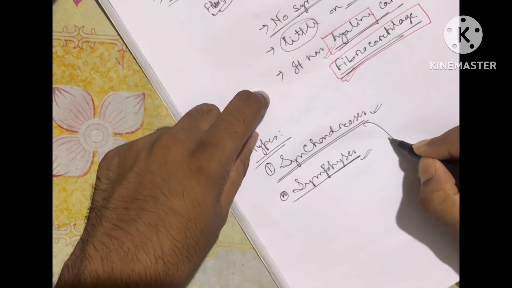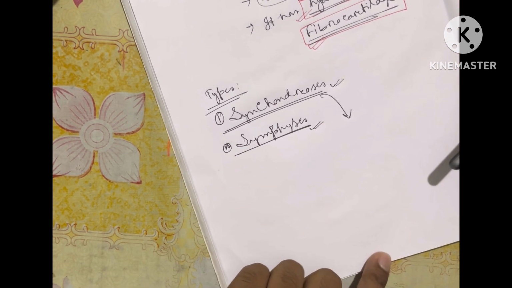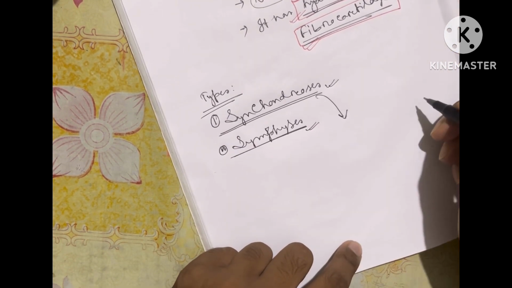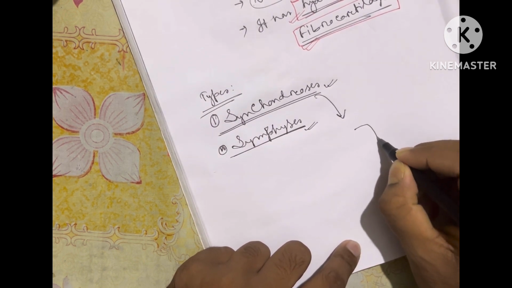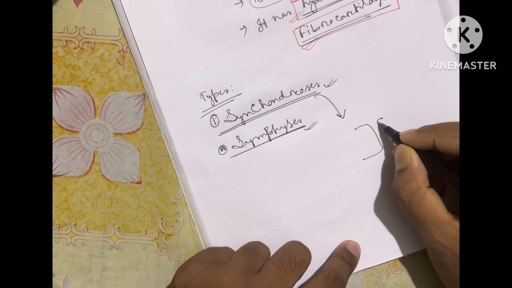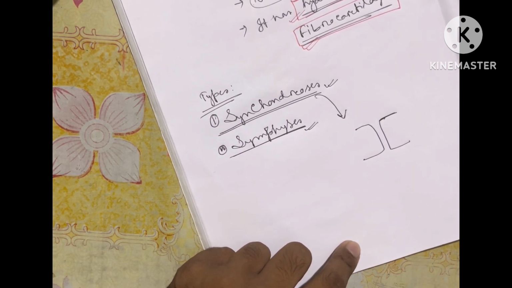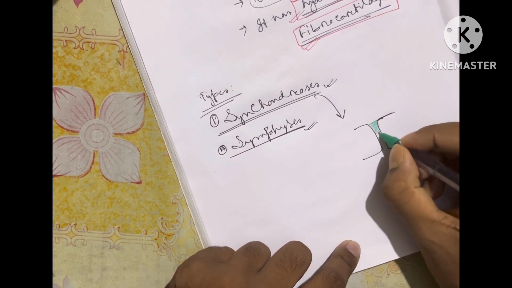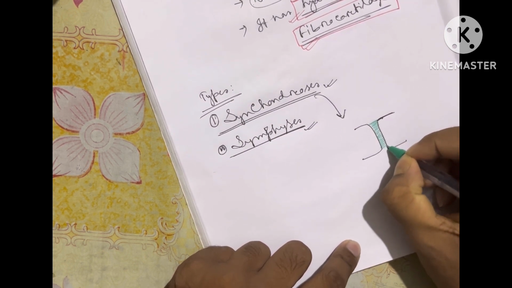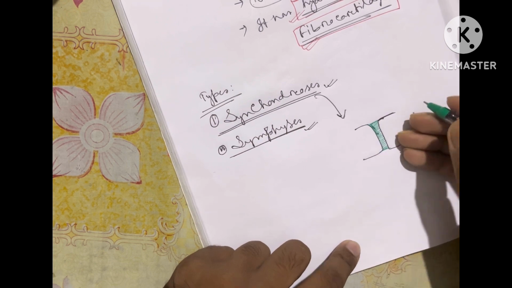So what is a synchondrosis? A synchondrosis is basically a kind of cartilaginous joint where two articulating bones are connected by a hyaline cartilage. Articulating bones means bones present at the ends.